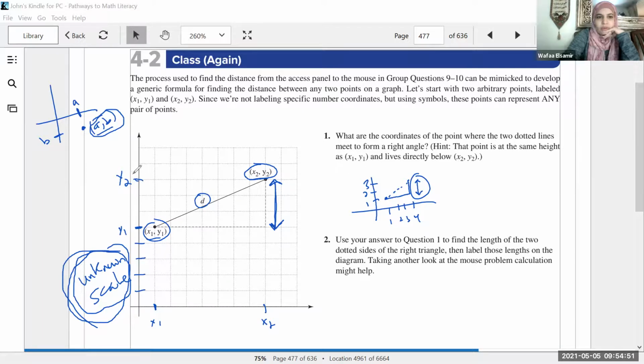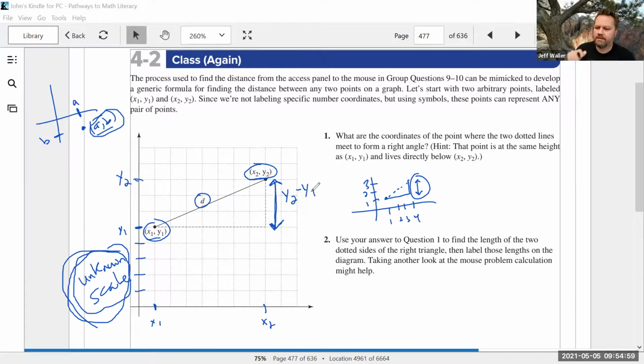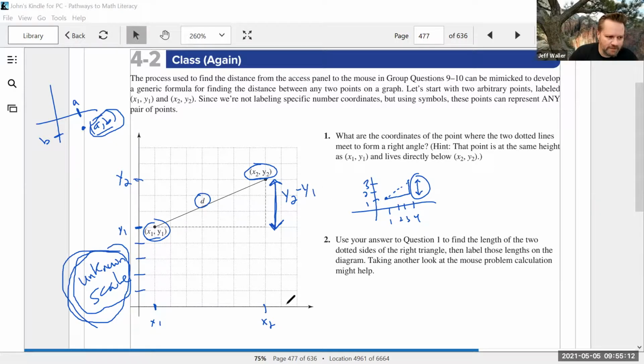Y2 minus Y1. Does that sound at all familiar? Y2 minus Y1 over X2 minus X1. So guess what this is? I mean, don't guess. Actually, see what it is.